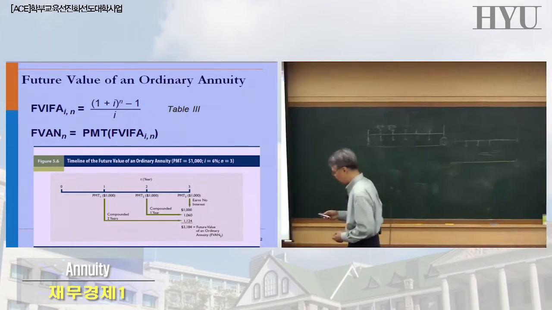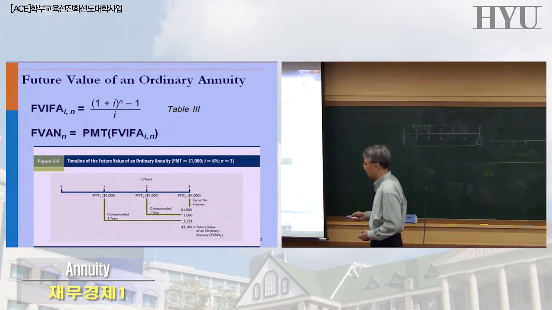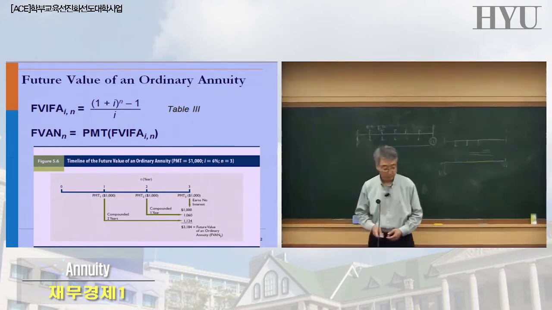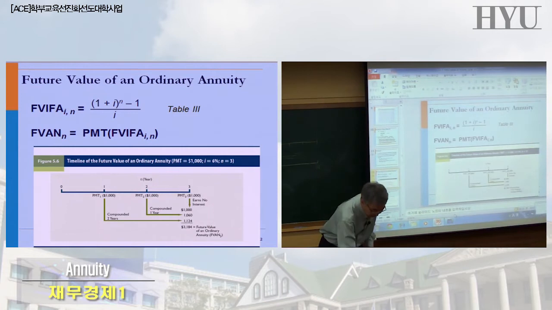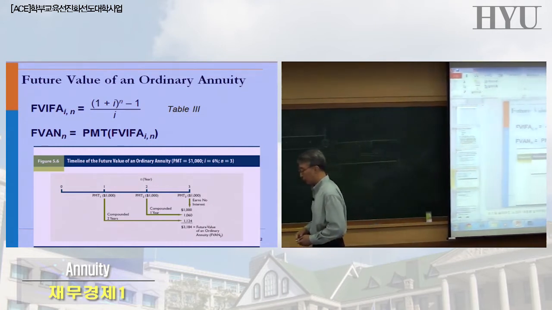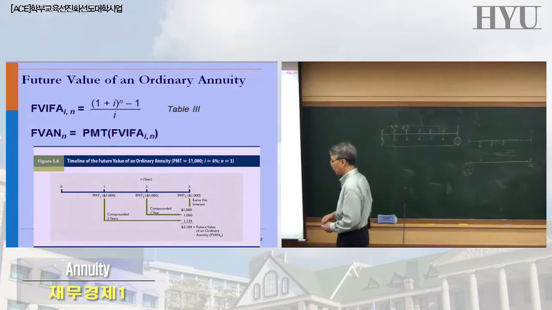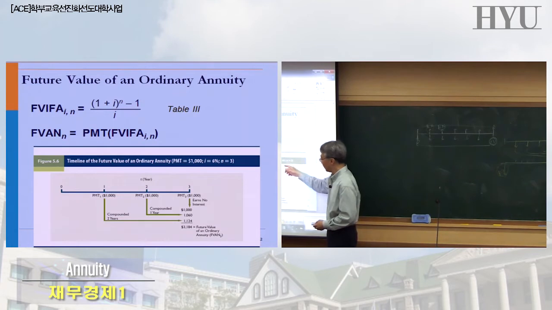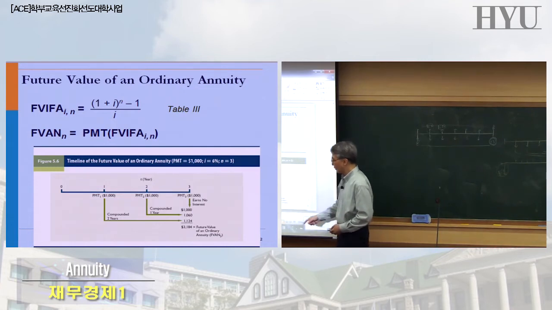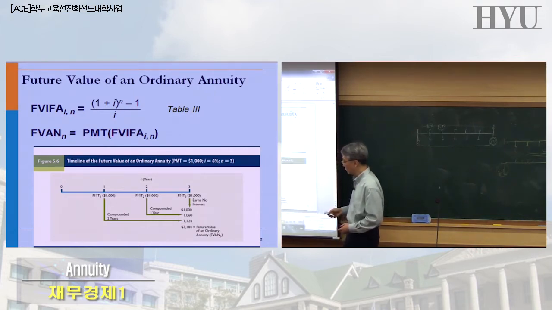You can use the FVIF table, I believe it was table number 1. You can find the FVIF, future value interest factor, for 6% for 2 years. Apparently it was 1.124. So $1,000 earning 6% interest compounded for 2 years, that value is 1,124.